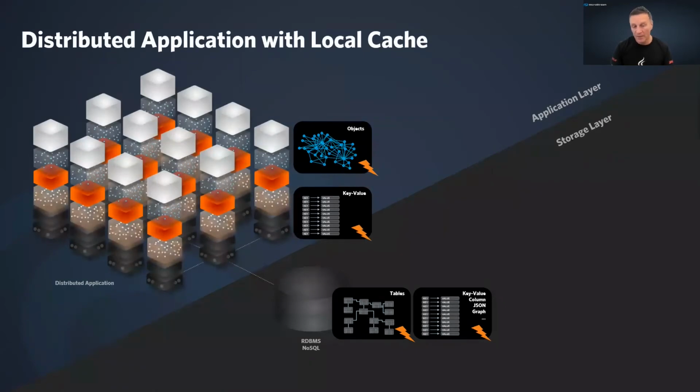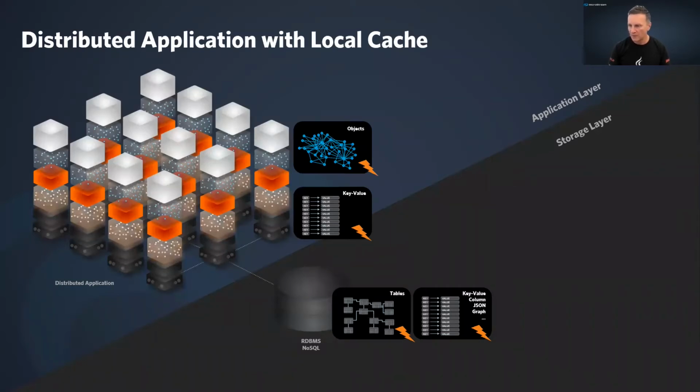But in practice, mostly we build distributed applications, which means we scale horizontally to share the load across a number of instances of our application or our service. So we start multiple instances of our application, a common distributed system. Now, all of these instances have their own local cache.